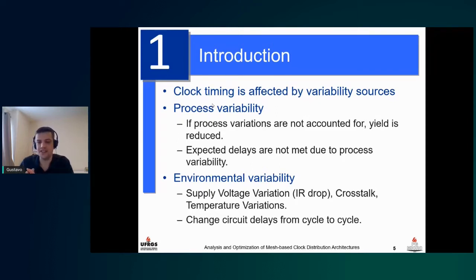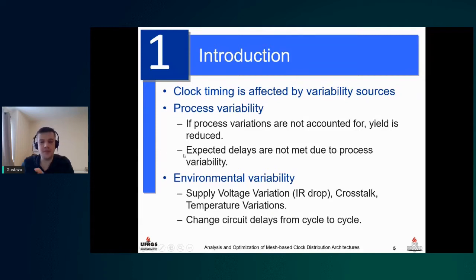We will see the process variability as being a permanent change in the delays of a given chip. The other source of variability is the environmental variability, which is a type of variability that depends on the operation of the chip. This also comes from various sources, such as the supply voltage variations, also referred to as the IR drop, crosstalk, and temperature variations. So those would be the three main sources.